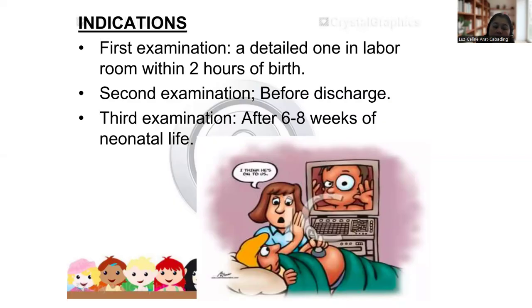The second thorough examination will be before the discharge of the newborn. And the third one will be when the newborn returns for a follow-up checkup, which is after 6 to 8 weeks, or about a month and a half to 2 months of neonatal life.